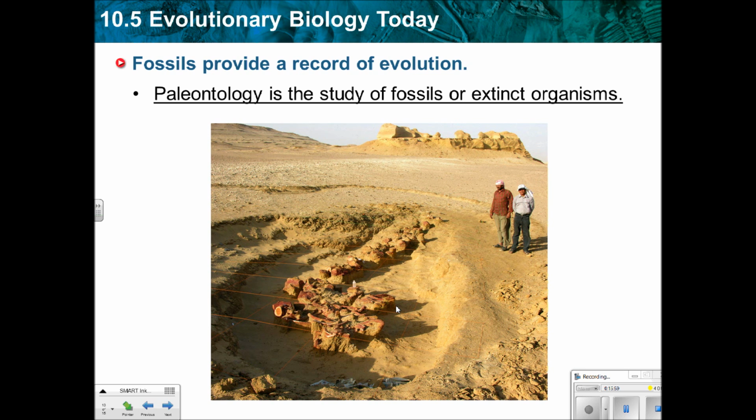A paleontologist studies fossils or extinct organisms. So just add this on to the bottom. There's no place to put it if you can't remember this. So a paleontologist is the person who does it. The ology, there's the study of. So paleontology is the study of fossils or extinct organisms.